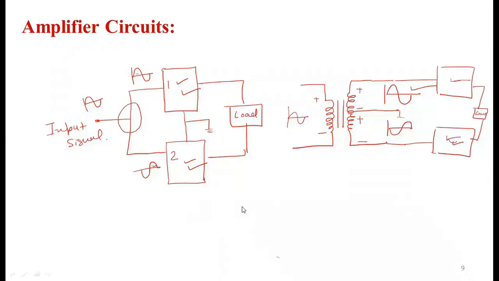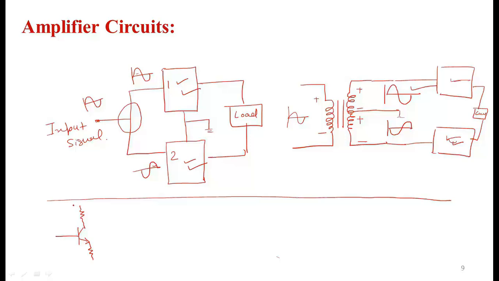Another circuit we can use for obtaining these two reverse polarity signals is by using a transistor. Here we can use a transistor circuit. As we know, this is the transistor amplifier circuit. We can take output from this side, or we can take output from this point.